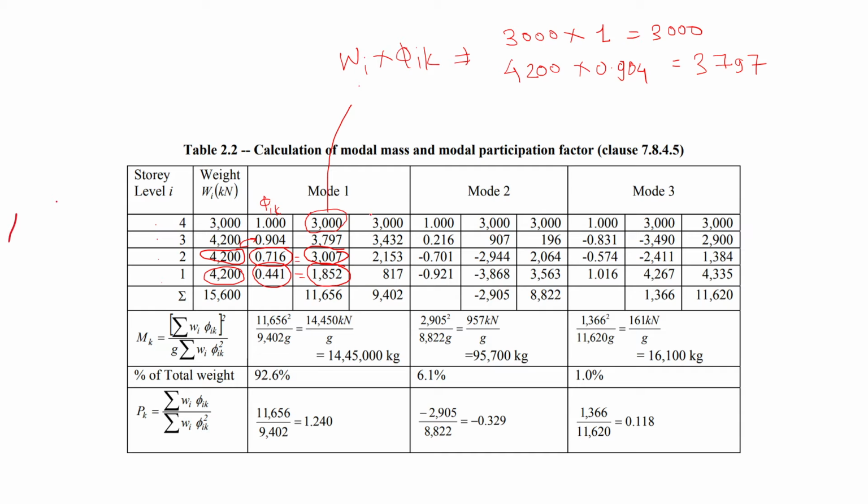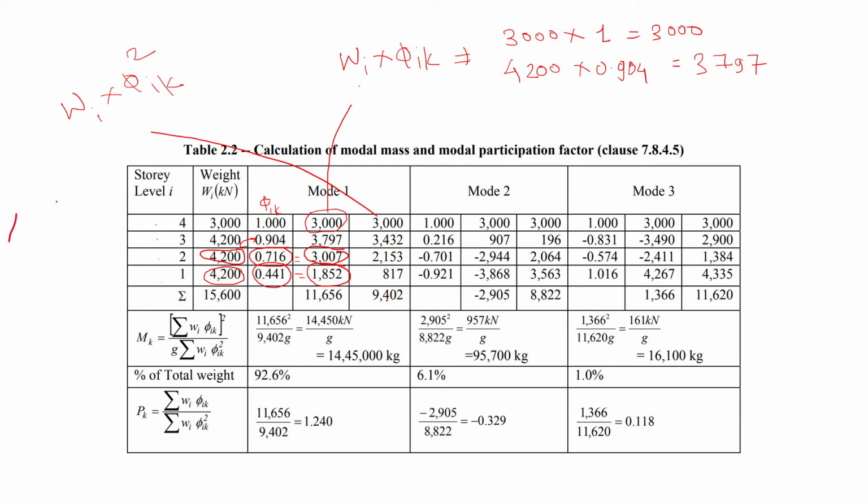Now your third column is weight multiplied by mode shape coefficient square.